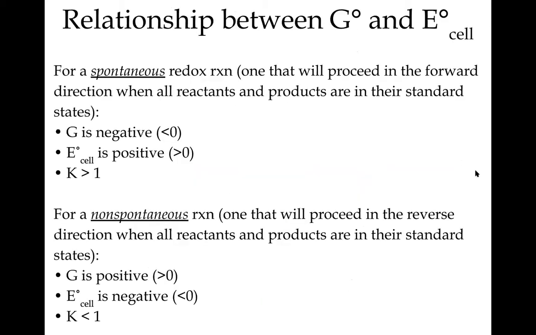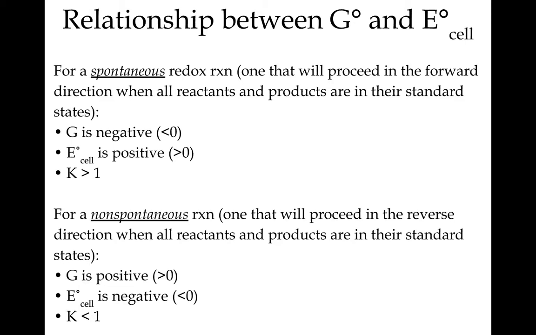We can use this also to look at spontaneity of redox reactions, okay? If a redox reaction is spontaneous, it's going to proceed in the forward direction. So reactants are going to drive into products, assuming that everything is under standard state. When that's the case, delta G is going to be negative, the cell potential is going to be positive, greater than 0, and K, the equilibrium constant, is going to be greater than 1.